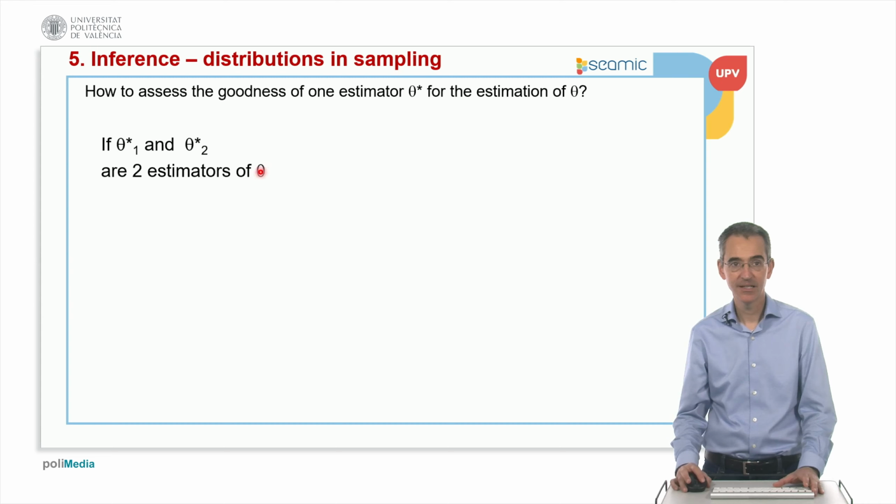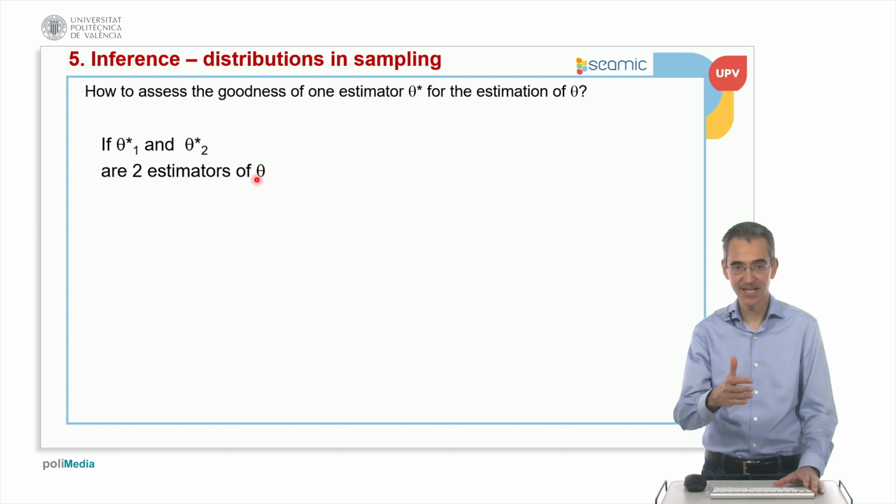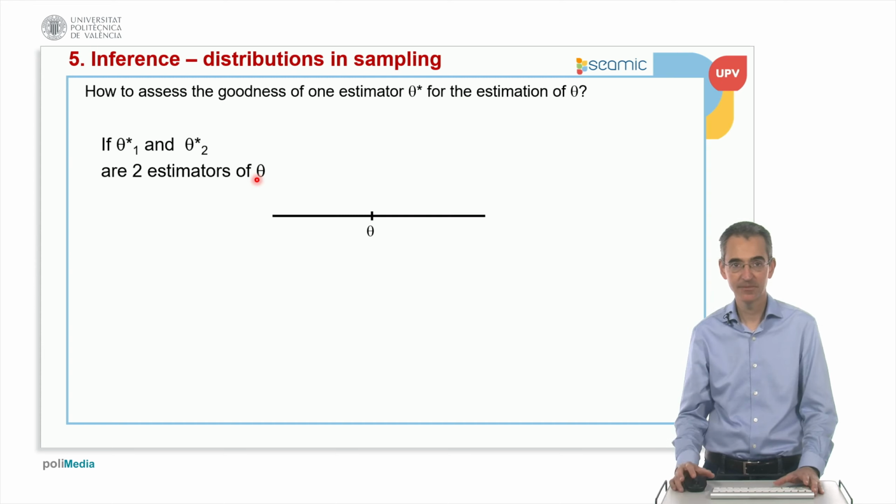Imagine that we have 2 estimators for one parameter, like in the previous slide, where we had different examples. So imagine that we take 2 possible estimators. Imagine that I take a lot of samples, and this is the distribution of the estimated values for that parameter.